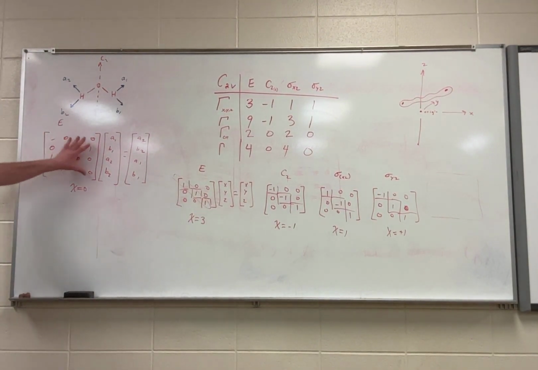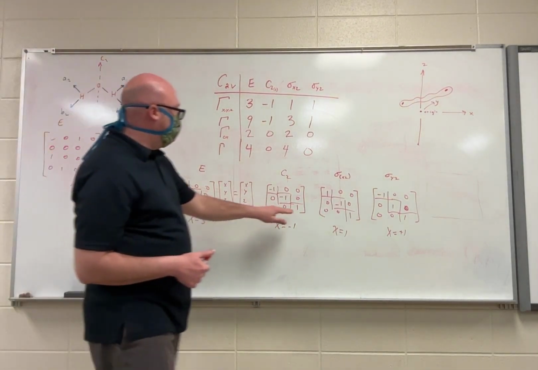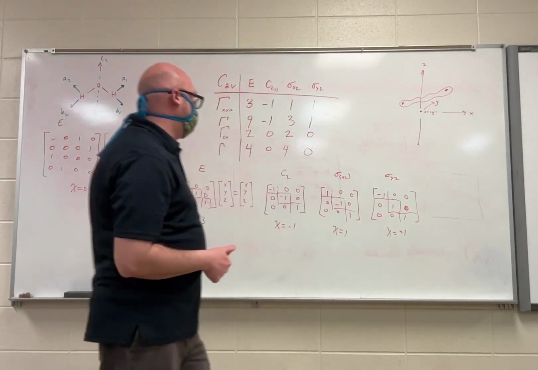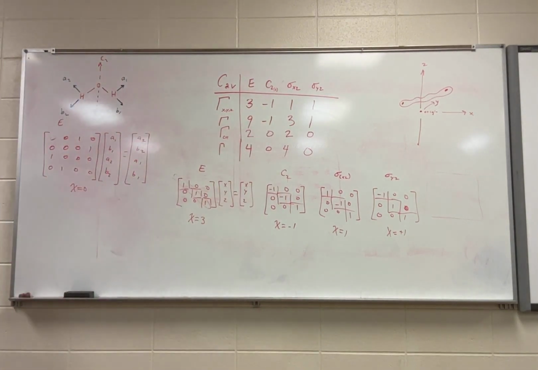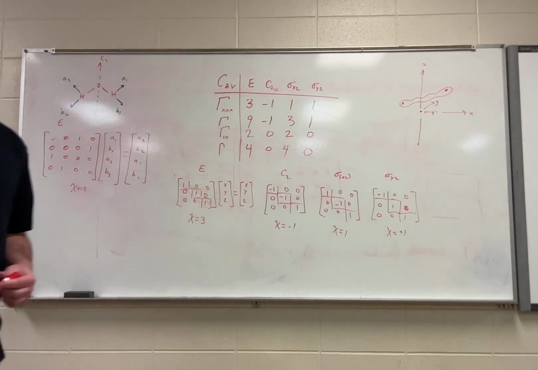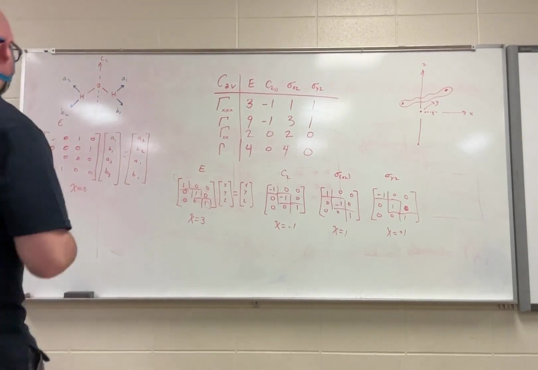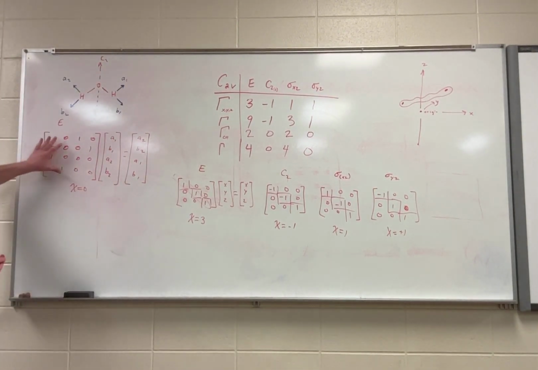Now notice with the 4 representations I made here, I don't see the same block diagonalization structure as I did with my first representation. Right, I cannot block diagonalize this into 1 by 1 or 2 by 2, even 3 by 3, right? I can't simplify that matrix because of these off diagonal terms.